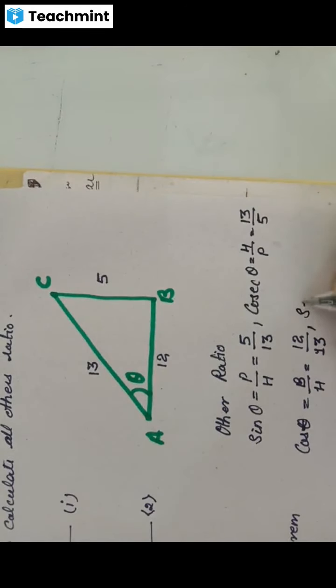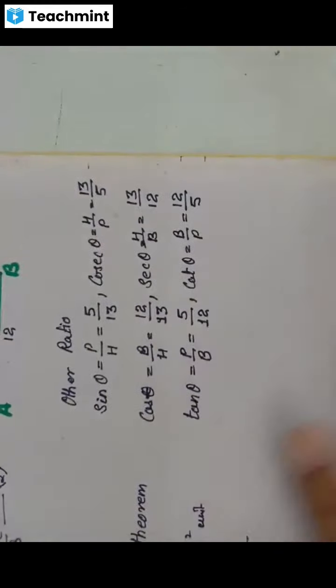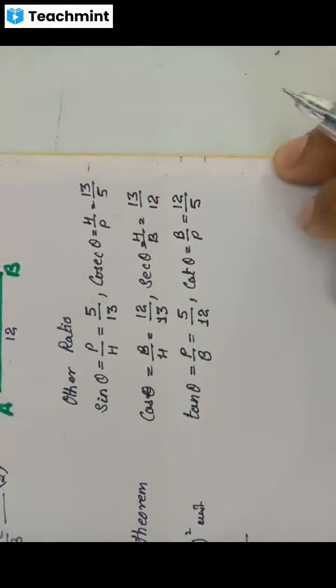Now sec theta is already given in the question, that is hypotenuse upon base. So hypotenuse is 13 and base we have 12. And then it will be cot theta, so it is base upon perpendicular. So base I have 12, perpendicular I have 5. Now you can see all the ratios are here.